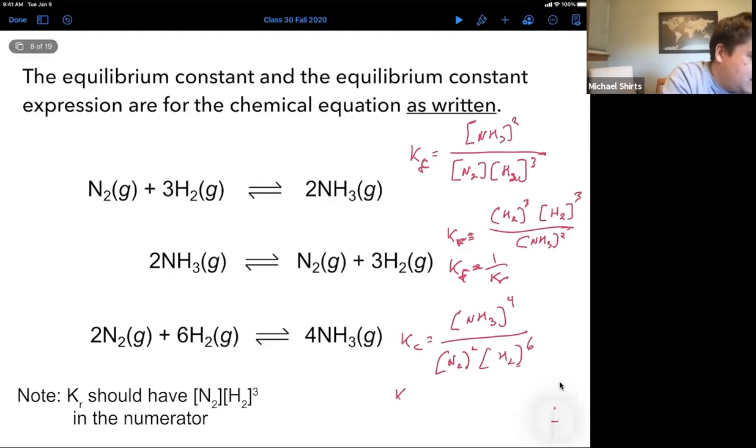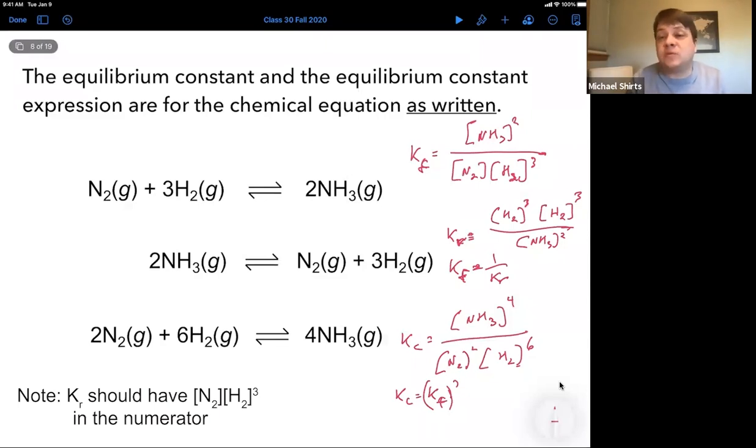So this Kc is equal to K forward squared. But for this chemical reaction, that is the right Kc, and they both contain the same amount of physical information. If you were to work through a problem relating actual concentrations to the equilibrium constant, you would get the same physical answer in the end.